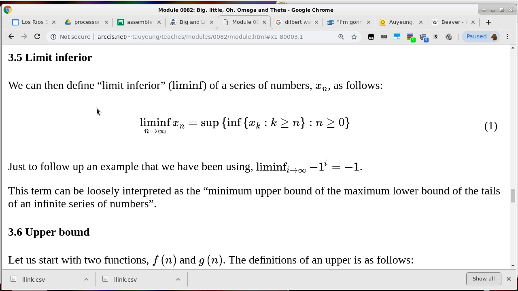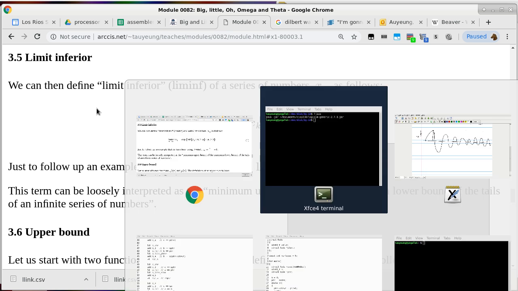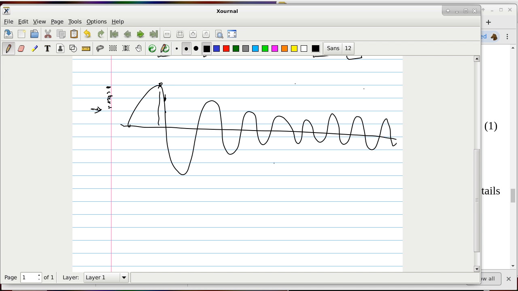So let's go back to that picture and try to figure out what that value is supposed to be. We'll take this point here, okay? If n is here, what is the maximum lower bound? In other words, if I start from here, where is the lowest point of this entire sequence? I think it's there. Is that making any sense? All right, so we'll make a note of that, and then we just keep going.